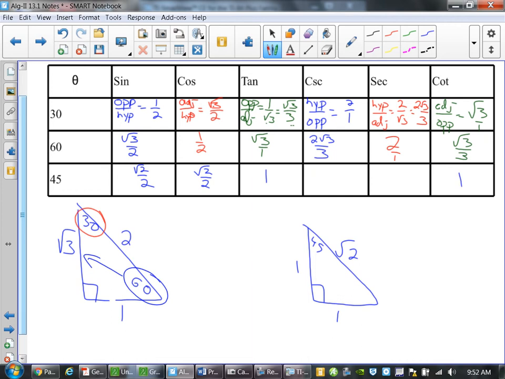So now if you look at the cosecant and the secant of a 45-degree angle, they're also going to be the same. It's going to be hypotenuse over opposite, hypotenuse over adjacent. They're both going to equal root 2. Because if I want to find my cosecant, that's going to be my hypotenuse over opposite. If I want to find the secant, it's hypotenuse over adjacent. So they both wind up at root 2s.